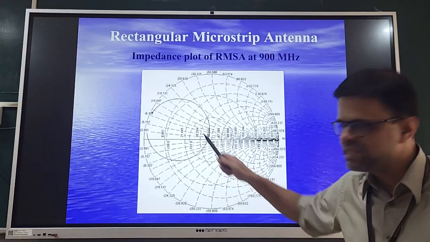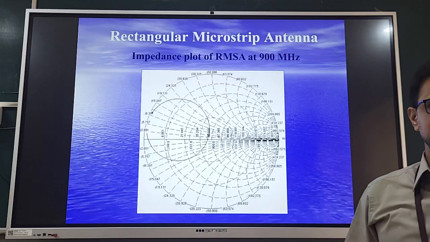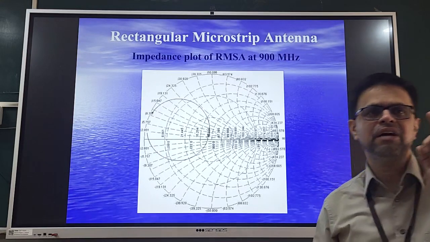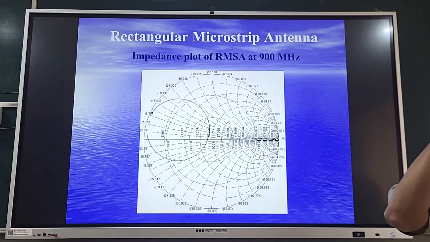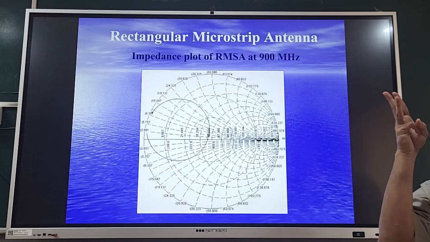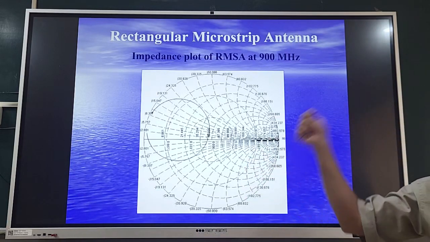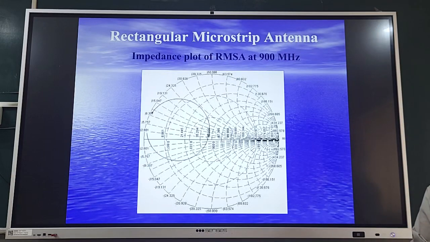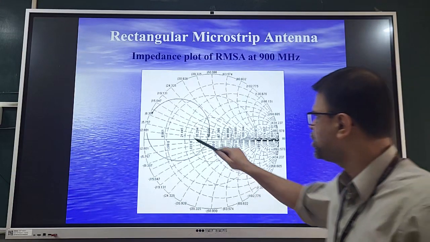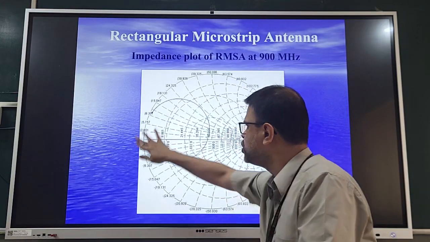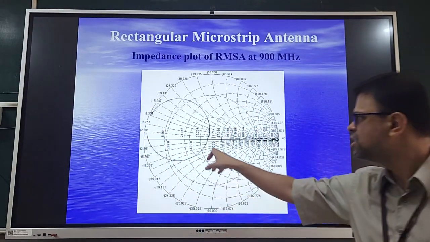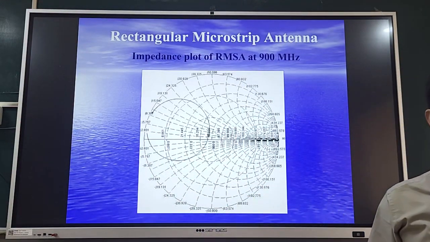So this locus of the rectangular microstrip antenna frequency plot is similar to the plot of a parallel resonant circuit having R, L and C plotted on the equivalent Y Smith chart. If you recall, the Y Smith chart will have circles like this, concentric circles, which are mirror images of your Z Smith chart circles with respect to the center point.